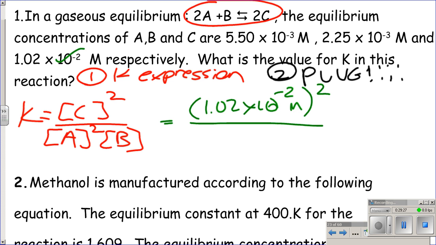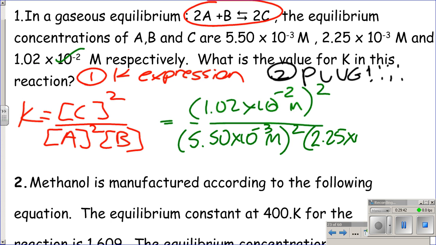Over 2.25, 5.50 times 10 to the power minus 3 squared, times 2.25. So it's really helpful to set up your expression first, that way you don't forget where your squareds are going. Calculate this for me now.